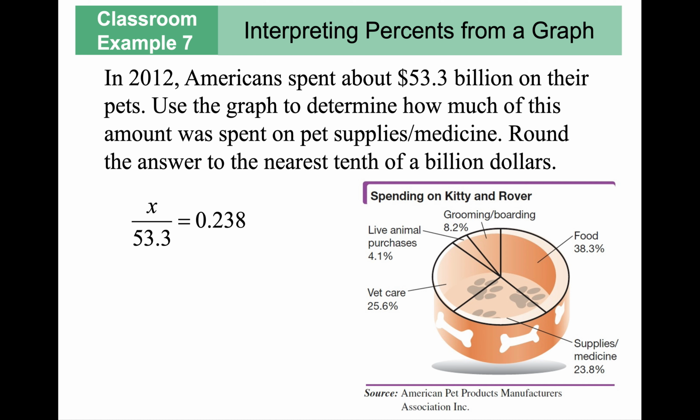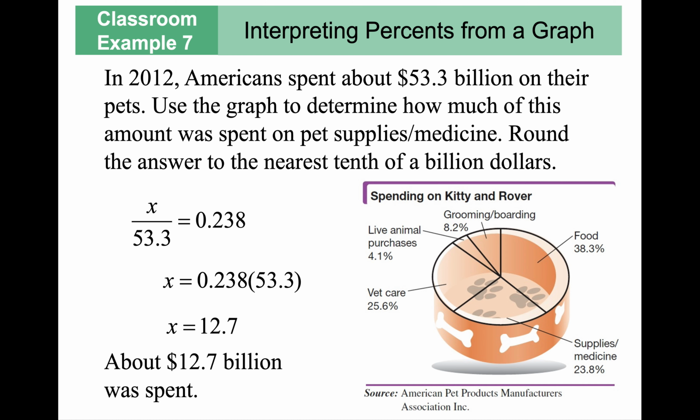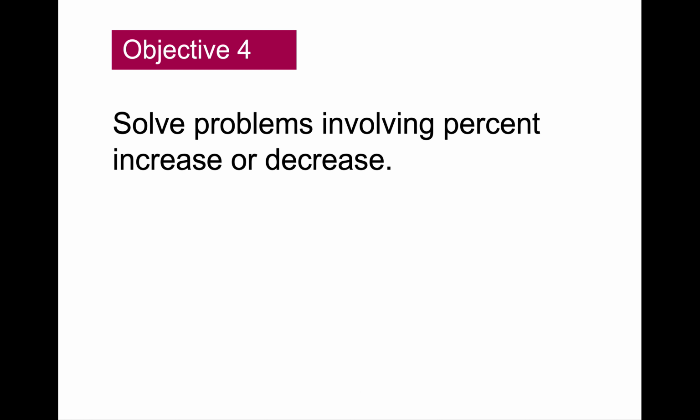They're asking me what part of that 53.3 billion they spent on that item. So I need to multiply both sides by 53.3 because that's my full amount, to get the X value of 12.7. Because my units at the top were 53.3 billion, this is going to be 12.7 billion.